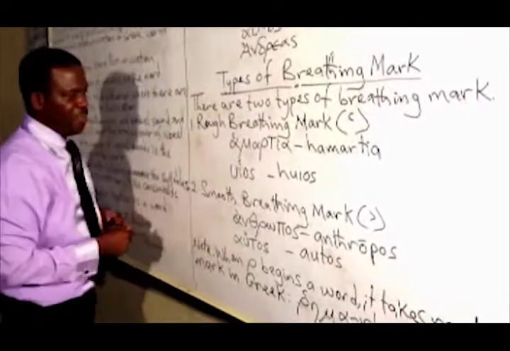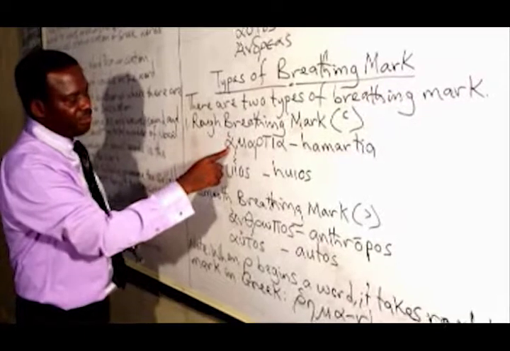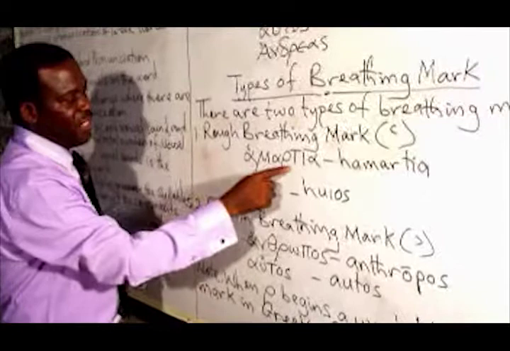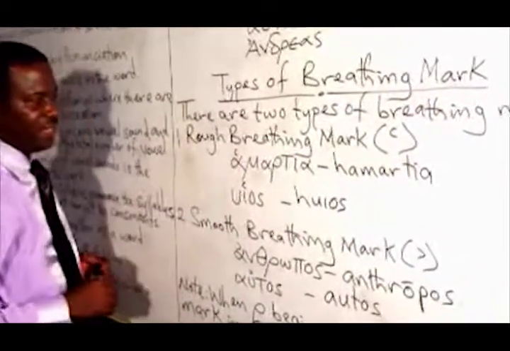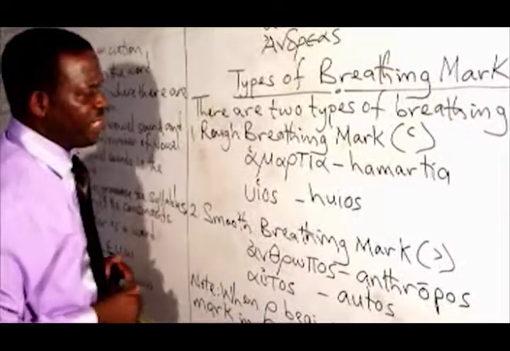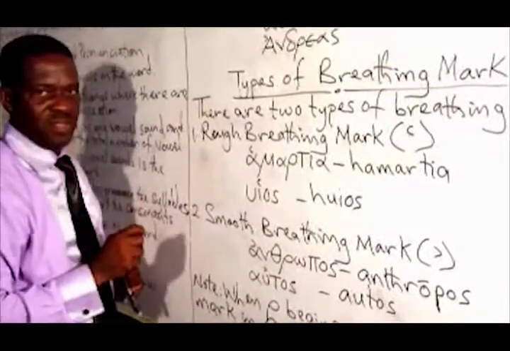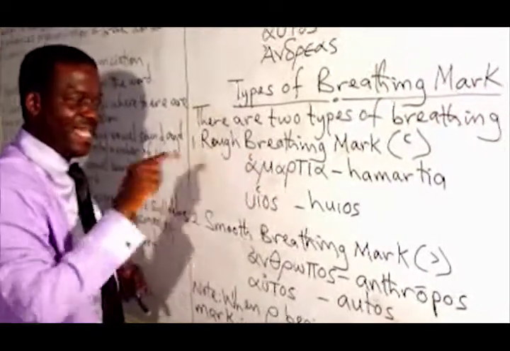We have some examples here. In this example, it is on the first vowel, the first letter that begins the word hamartia, and it is rough. Now, this rough breathing mark has the sound of H in pronunciation. If you want to pronounce this word, you must pronounce this breathing mark as H.